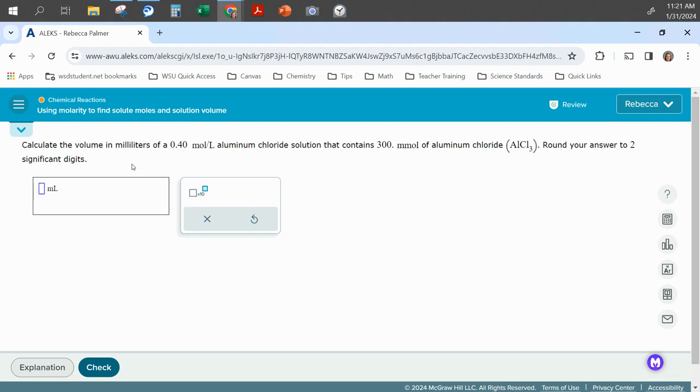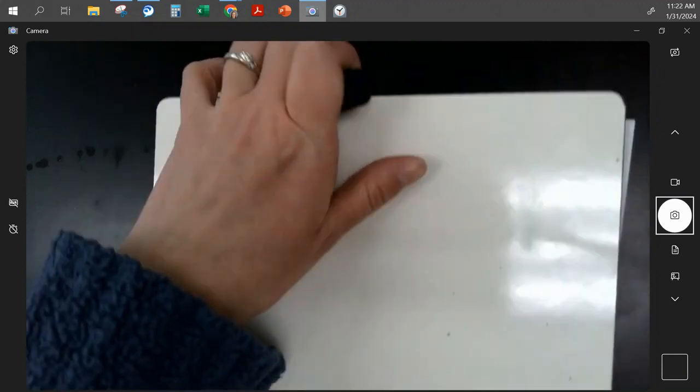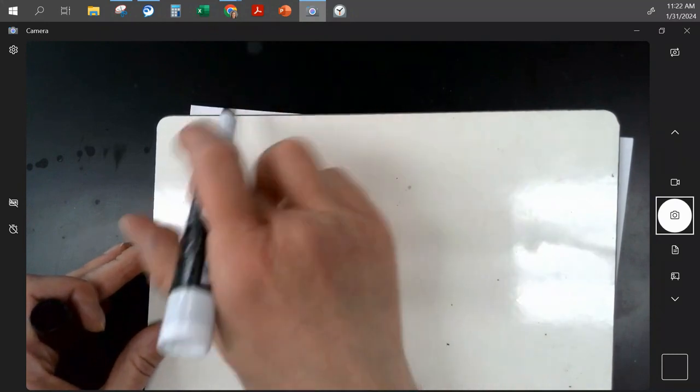All right. Okay, so for this topic, I would write down all of the variations of the equation. So I'm going to use the terms that Alex uses.